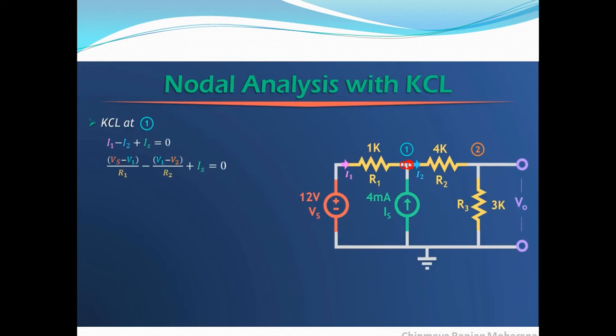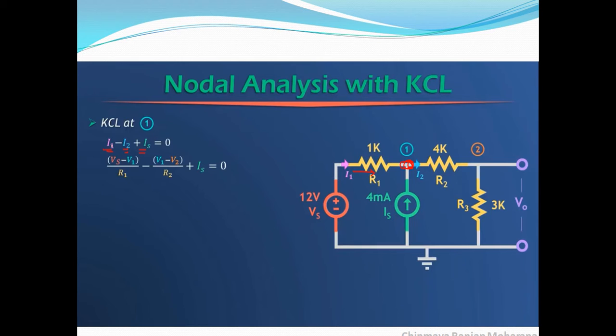I1, the input current, will be positive. I2 is from node 1, that's why it's negative. And Is is into node 1, that's why it's positive, and the sum equals 0.